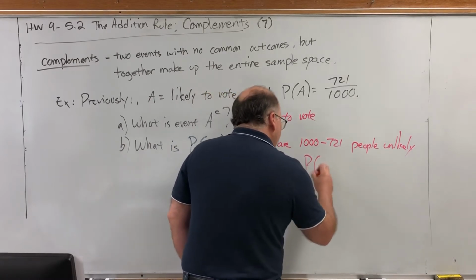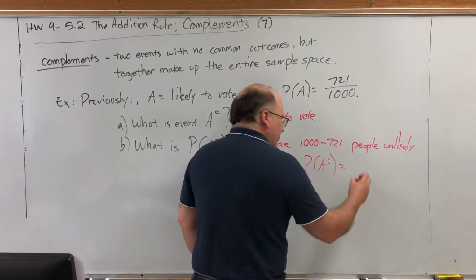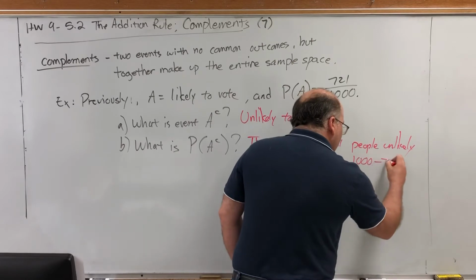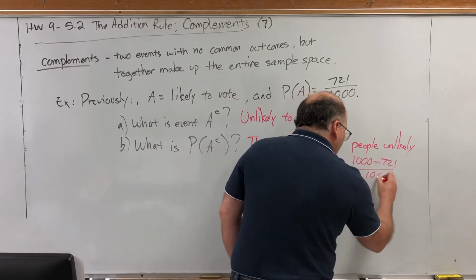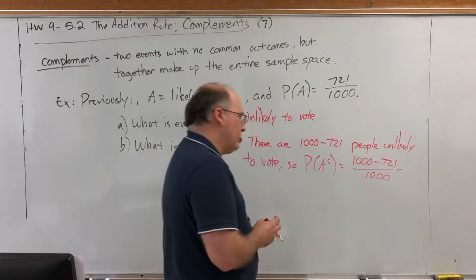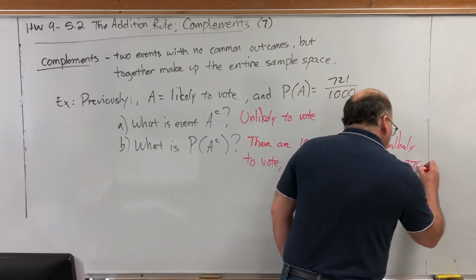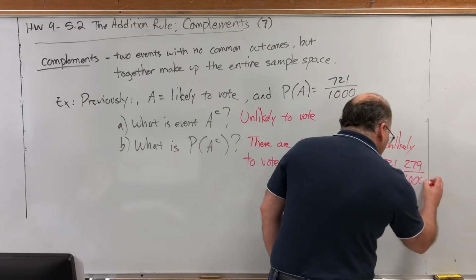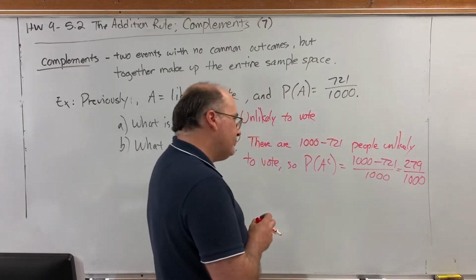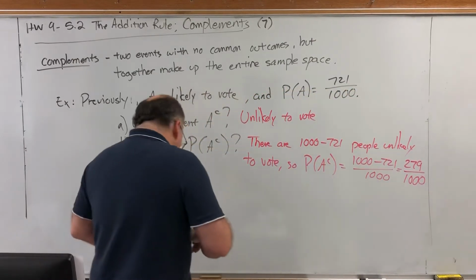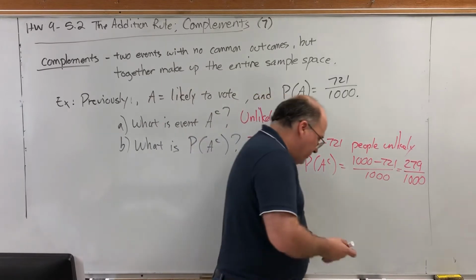So the probability of A complement is 1,000 minus 721 over 1,000, which is 279 out of 1,000. Let me double check that. Yes.